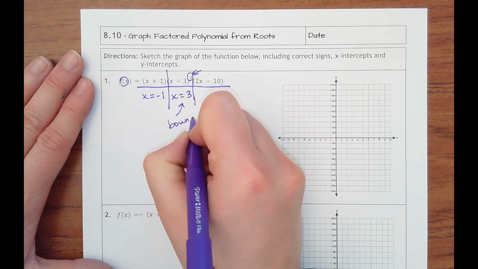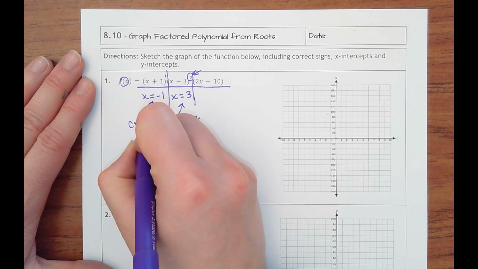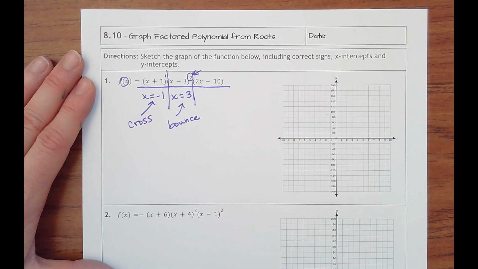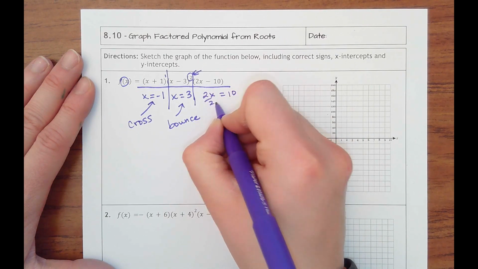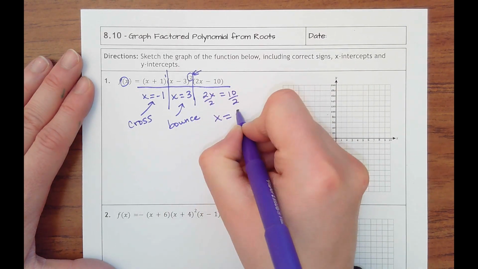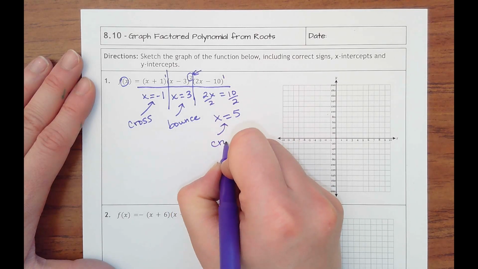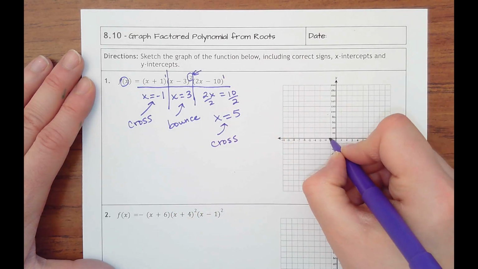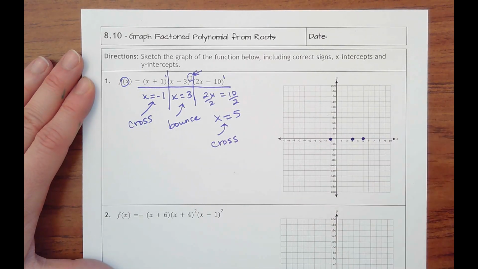So I'll put bounce. When it's only a multiplicity of 1, then it's just going to cross through. And then this one, you would add the 10 over, divide by 2. So at x equals 5, there's only a multiplicity of 1 here. It's just going to cross through. So I'm going to plot those: -1, 3, 5.